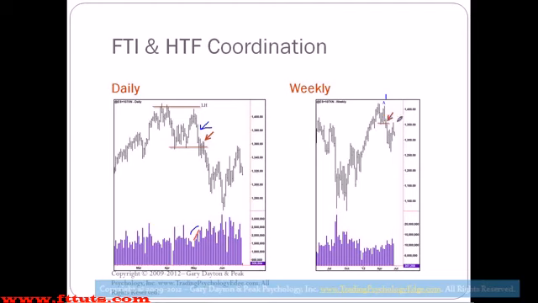And by George, we do. And so we can coordinate the time frames with that. And notice, here we've got that key reversal after a push down, and then a kind of weak rally back up. So good odds that we're going to see some downside here.